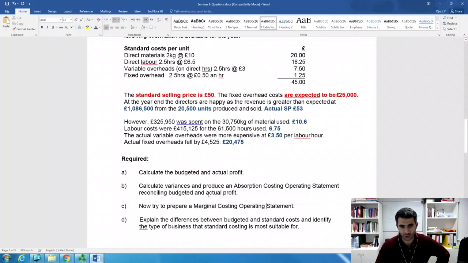First of all, we are going to do it based on the absorption costing method. When I say absorption, we need to include all the costs, including the fixed cost.